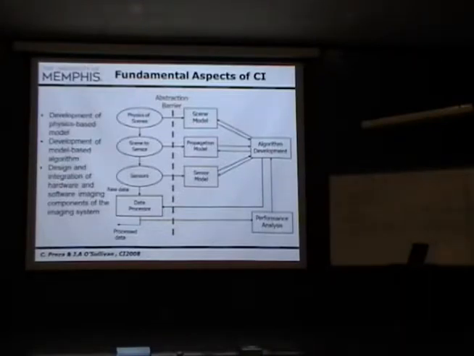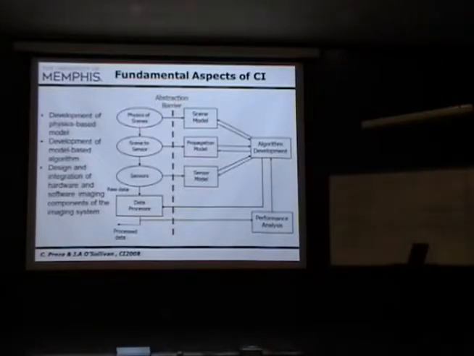So essentially, you can replace the word specimen with a scene, the word microscope with a sensor, right? And everything else stays the same. It's the same idea, right? So the fundamental aspects of computational imaging are the development of physics-based models, right? These models are based on the understanding of the physics. We try to capture what's going on in the real world.